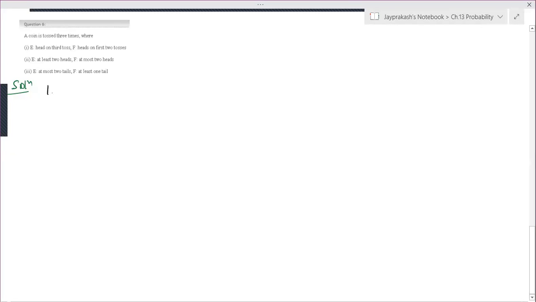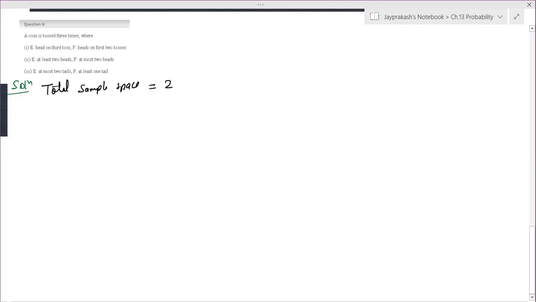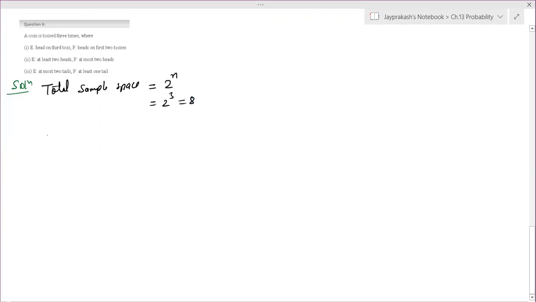So total sample space in case of a coin is 2 raised to n, where n is the number of tosses. So 2 raised to 3, 8 sample space.